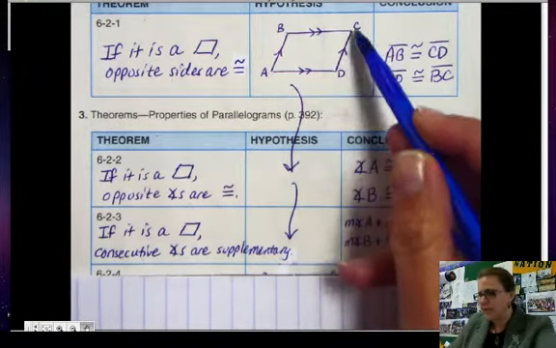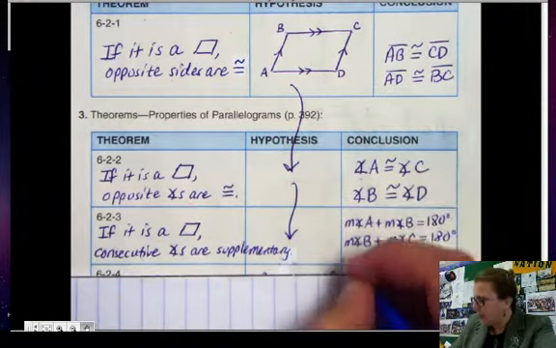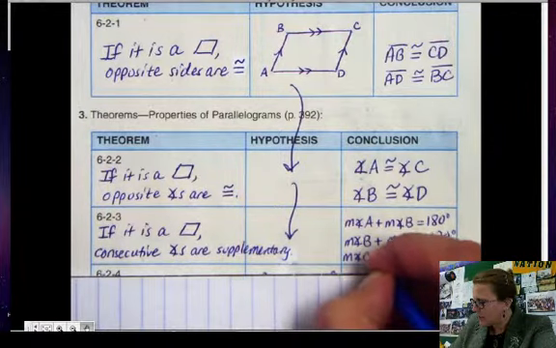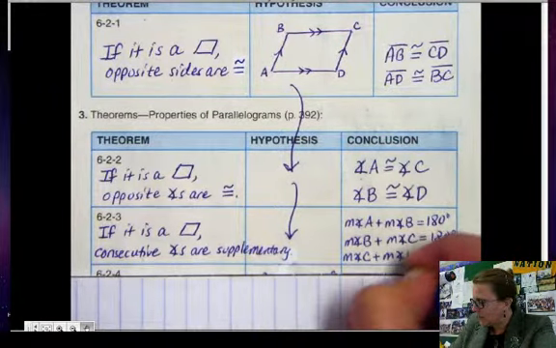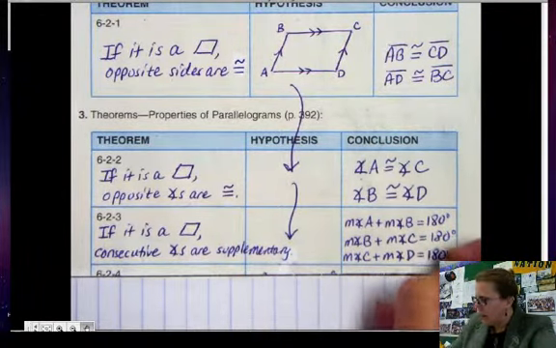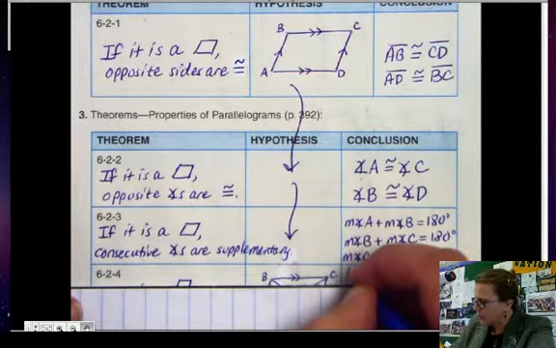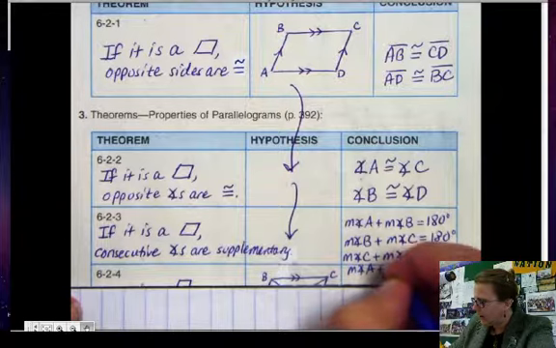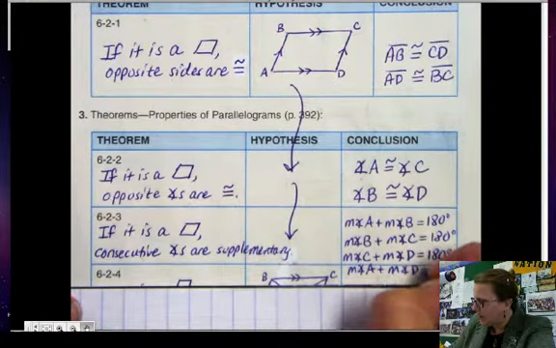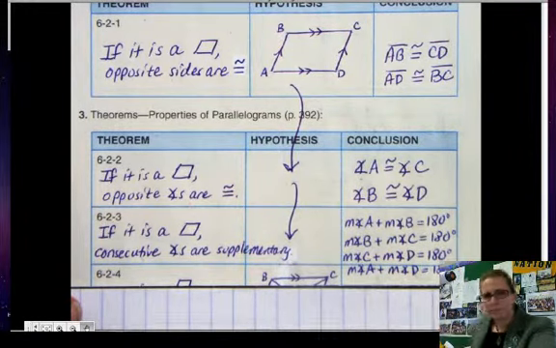It also means that C and D add to 180, the measure of angle C plus the measure of angle D equals 180. And lastly, of course, A and D also add to 180, so the measure of angle A plus the measure of angle D equals 180 degrees.